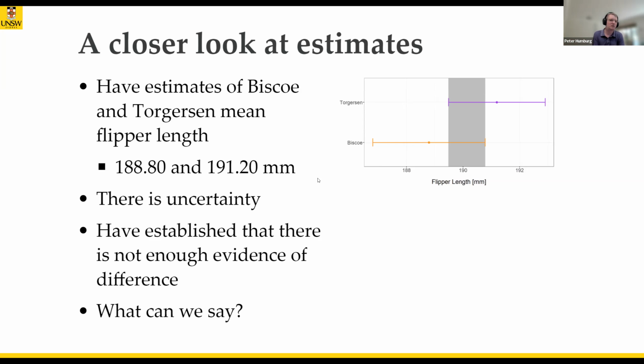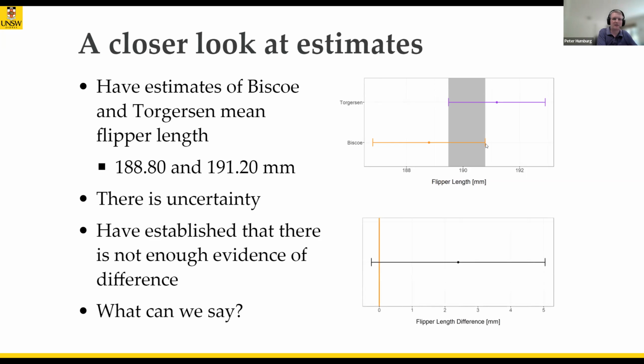So what the actual mean of the population on each island is, we don't quite know. And there is a fair bit of variation, so it's hard to be entirely sure. And if you look at these confidence intervals I've plotted here, then you'll see that there is a fair bit of overlap between the two, right? So that already suggests that maybe they are not as different or as easily separated from each other as we might have hoped.